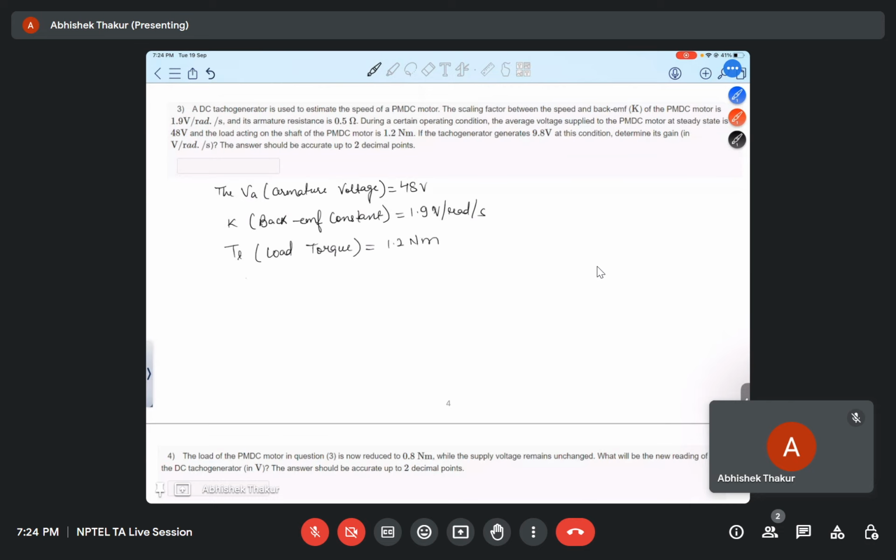Therefore IA, that is armature current, IA is equal to TL by K. So we will put here 1.2 by 1.9 ampere. When you do this, you will get 0.6316 ampere.